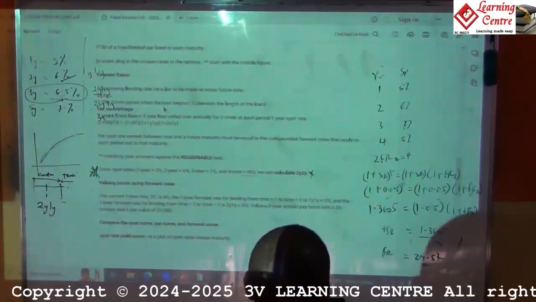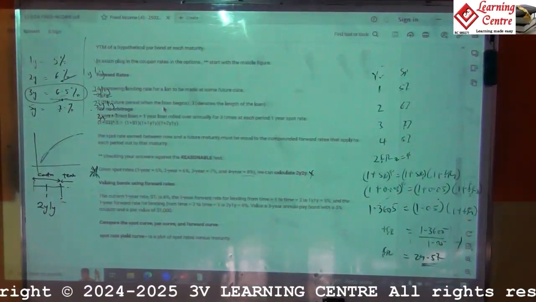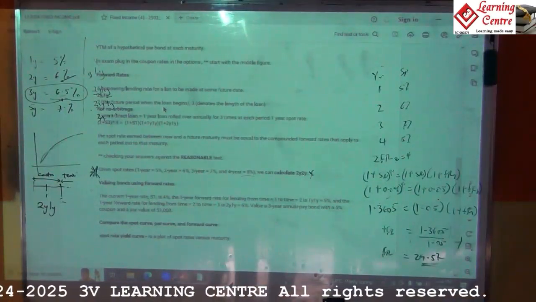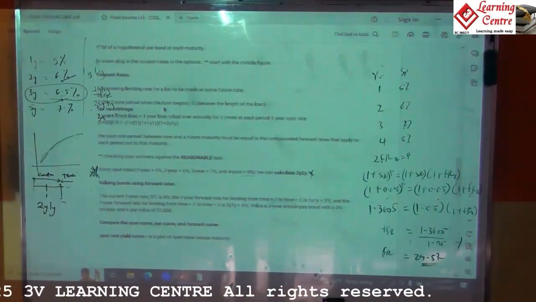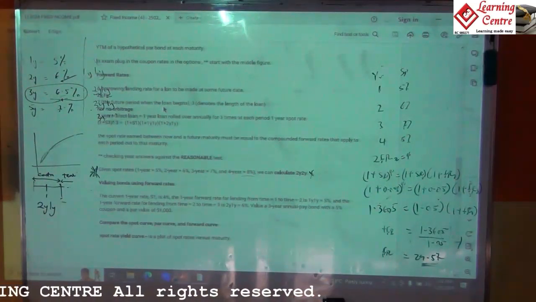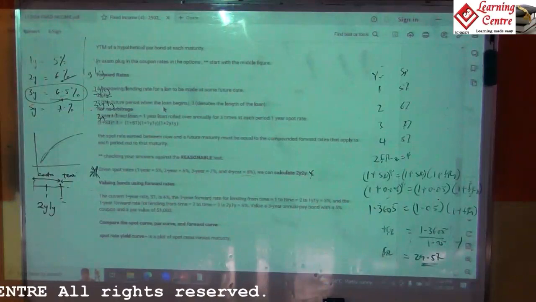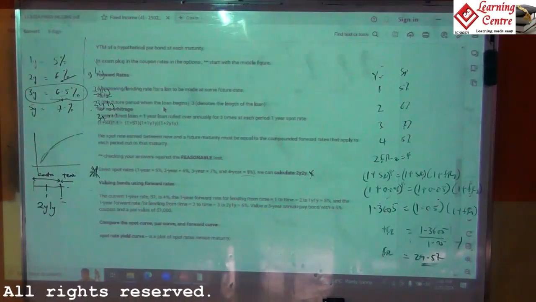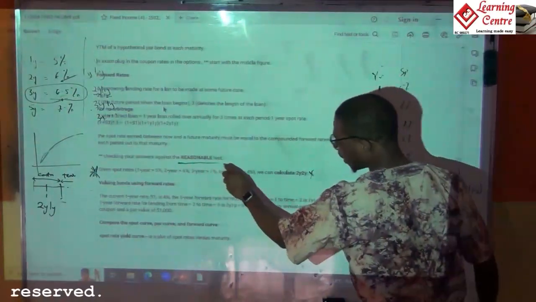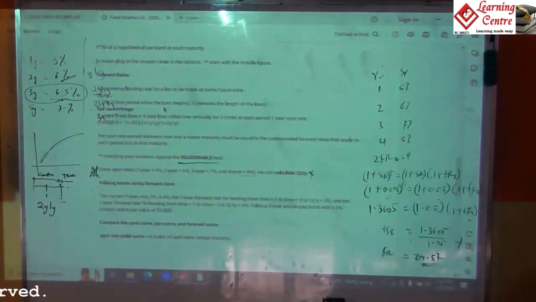This is 4. What's that? 29.57. That's too much. 4 years is 8%. That's why I put something here: checking your answers against this little test.